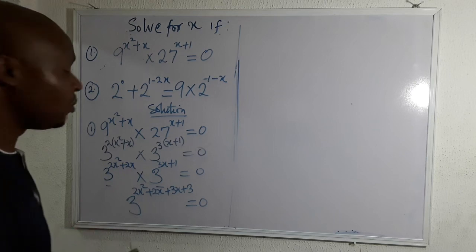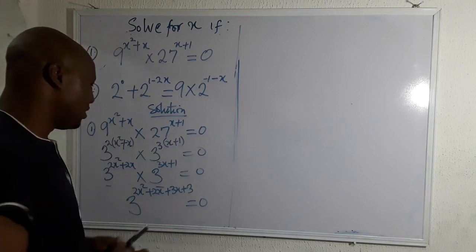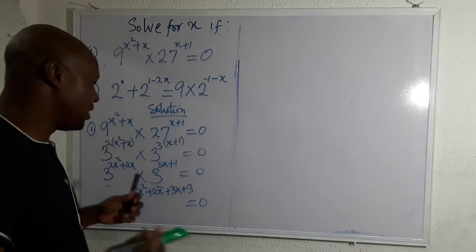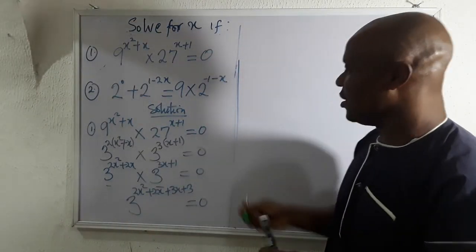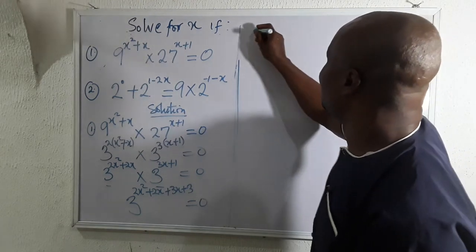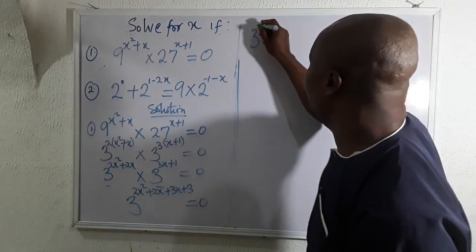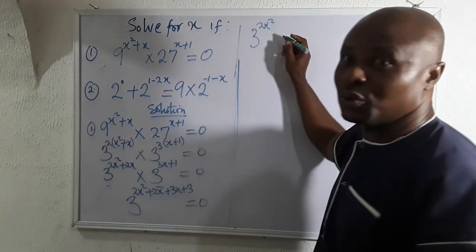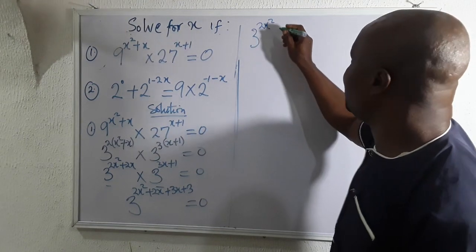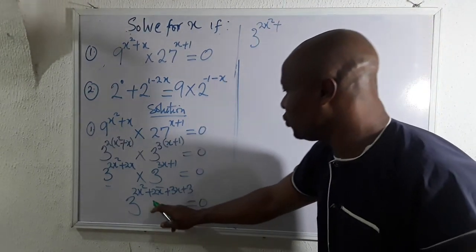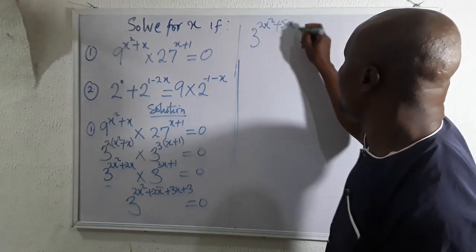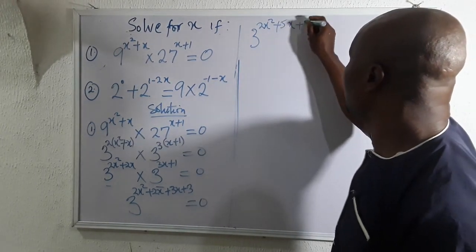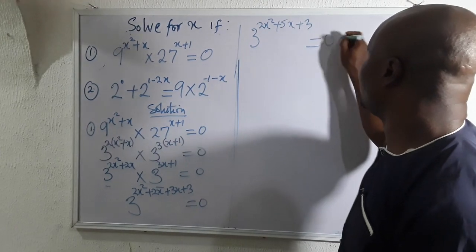Now, I know some of you will already be thinking that the question is not solvable, but let us see. You simplify the power further: 3 raised to power 2x squared plus 2x plus 3x is 5x, plus 3 is equal to 0.